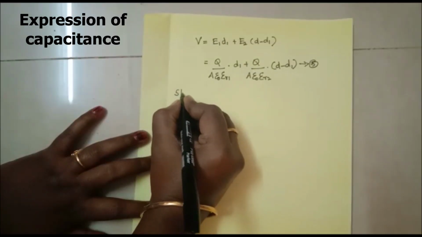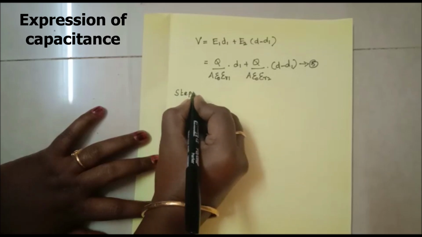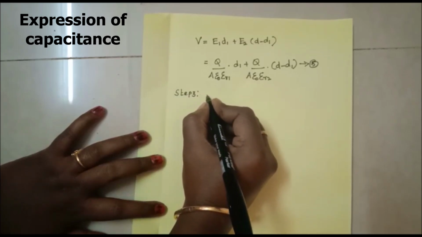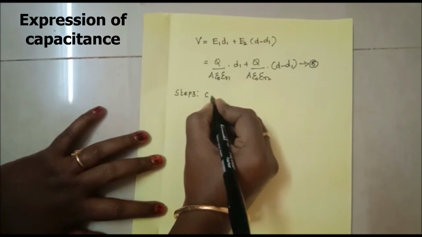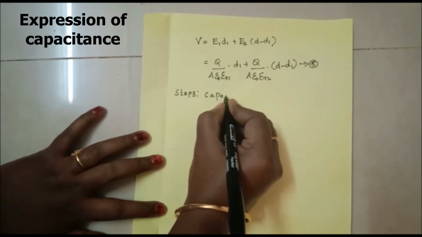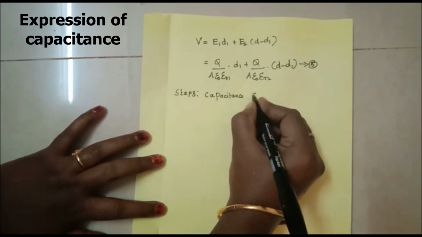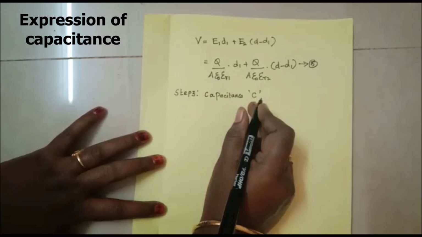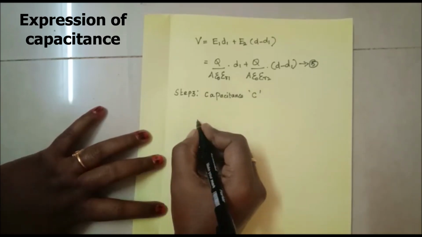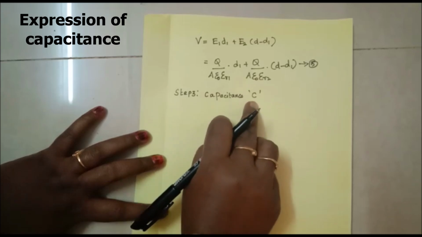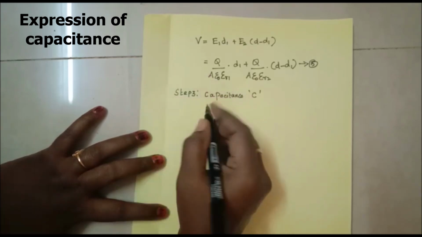Next, we come to the final step, that is step number 3. Here our aim is to find the expression for capacitance. Capacitance is denoted by the letter C. For finding the capacitance, we should know the relation between the capacitance and the potential.